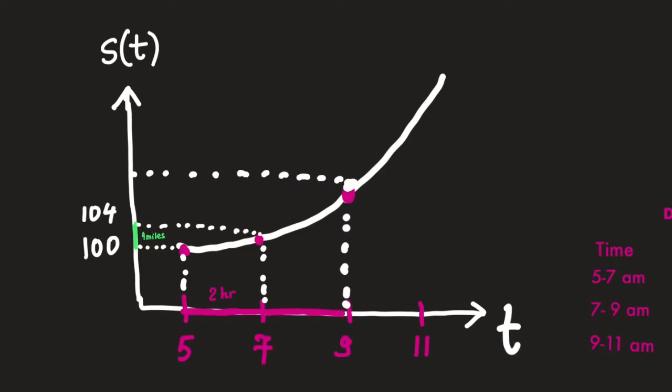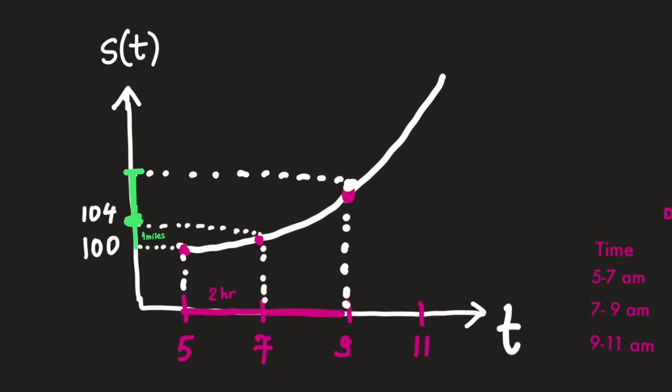Between 7 and 9 a.m., that's also 2 hours, but between that same time interval, you have traveled this much. Now, despite this graph being quite horrendous, you can still see clearly that this is much bigger than this. Thus, during the second interval, for the same duration, you have traveled a further distance, so you must have had a higher average speed.